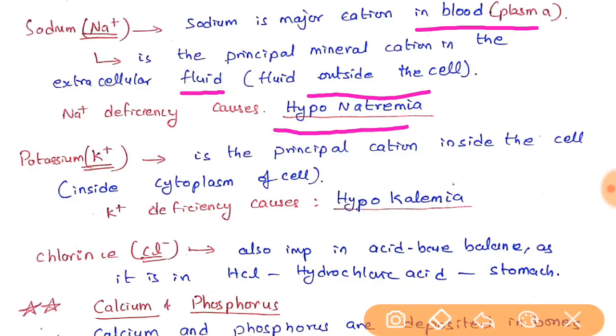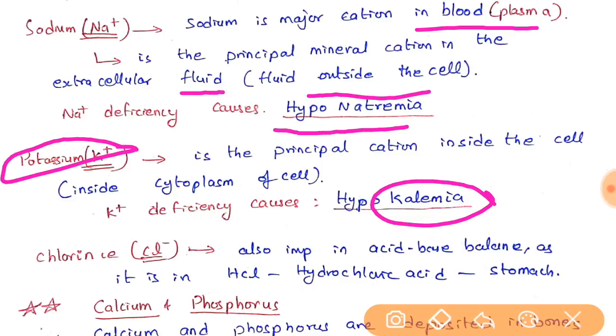In the same way, kalium is another name for potassium. From these words only the symbols have been derived. Natrium, Na is derived. For kalium, K is derived, friends. So potassium is the principal cation inside the cell.